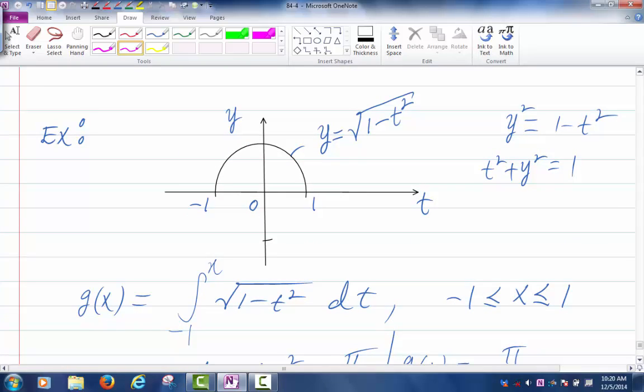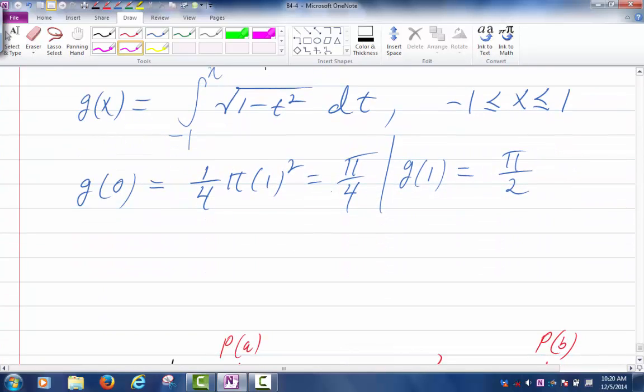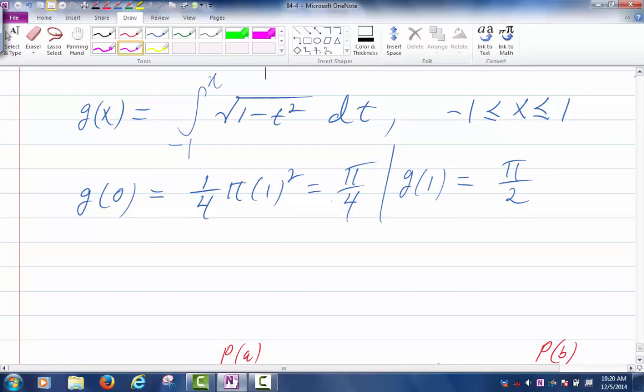Okay, let's look at one more example. In this example, I am defining g of x by this integral from -1 up to x of the square root of 1 minus t squared dt.